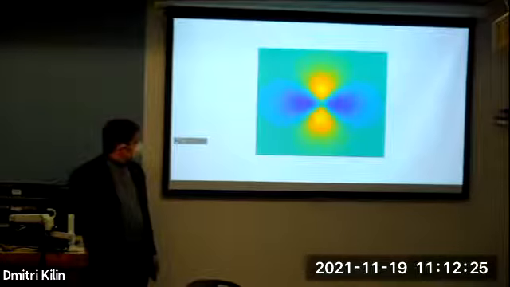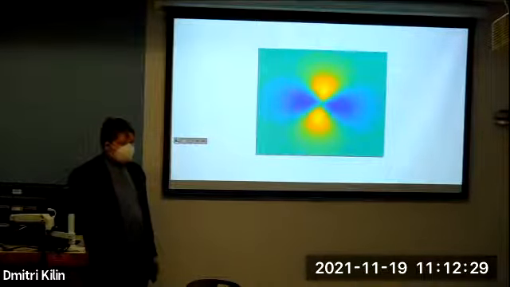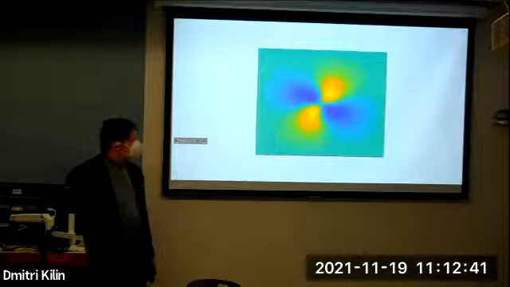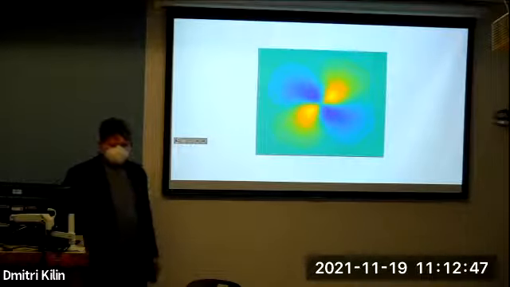So in the previous image, it was 3-dimensional, right? Here it is 2-dimensional, right? And it looks like a d orbital. So to my understanding, it is the project that Nate, not Nate, Joe is currently doing.